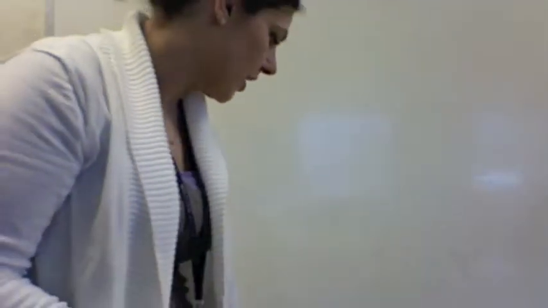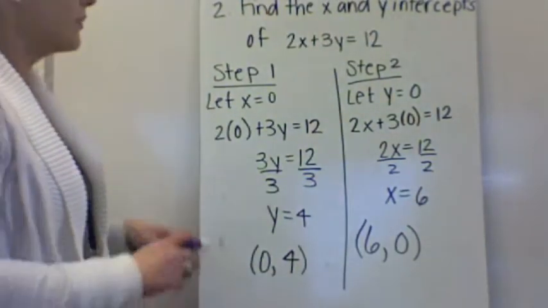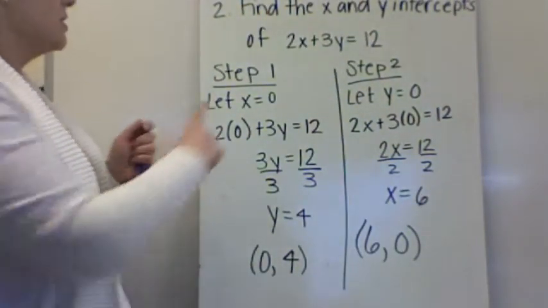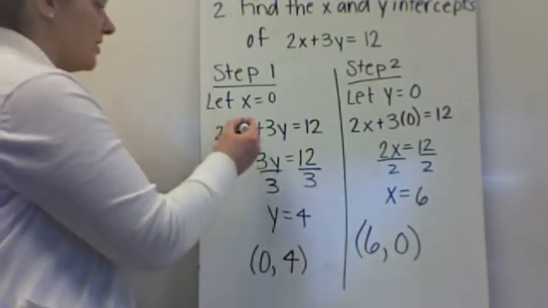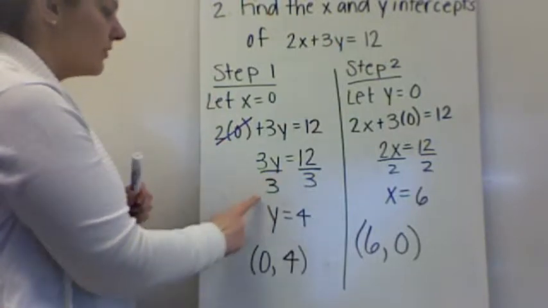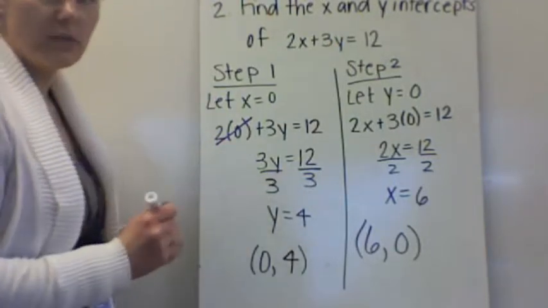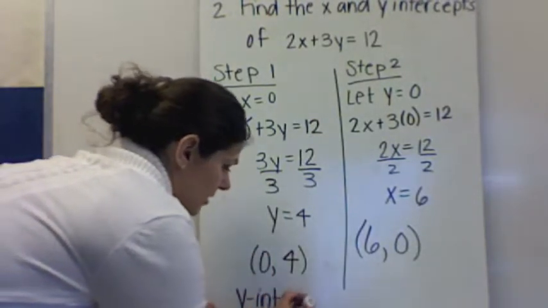Pause your video, make sure you have this copied down under your first example. Try example 2 on your own. Find the x and y intercepts of 2x plus 3y equals 12 on your paper. Let's check that one, same steps. Let x equal 0, so I substituted 0 for x. Remember, 2 times 0 is 0, so that's gone. 3y equals 12, divided by 3, y equals 4. Since it's my y number, that's my y-intercept.